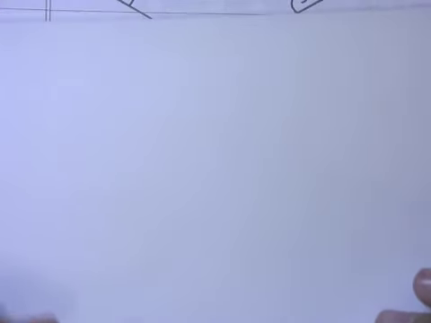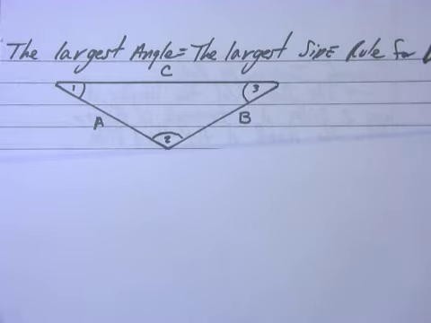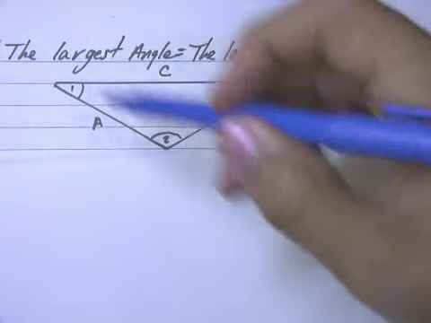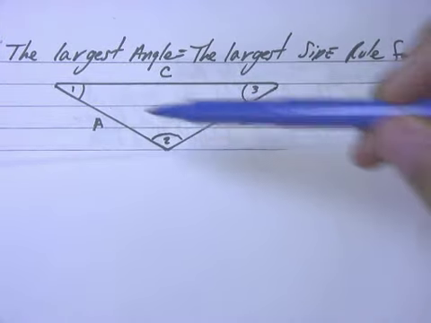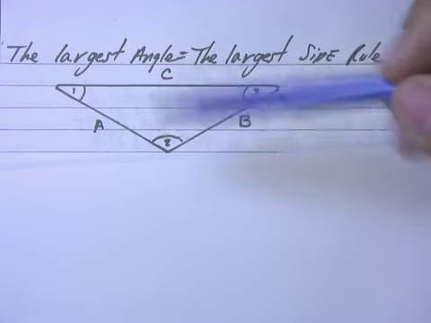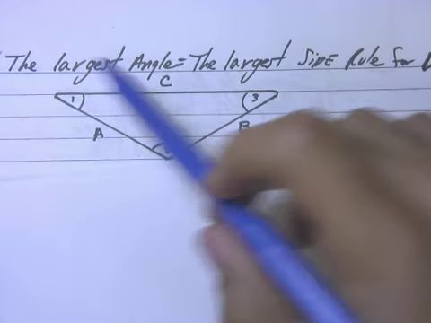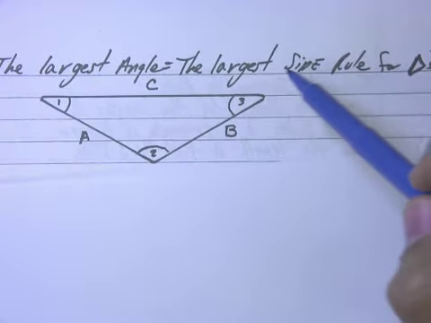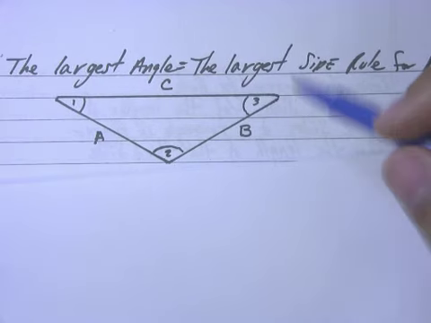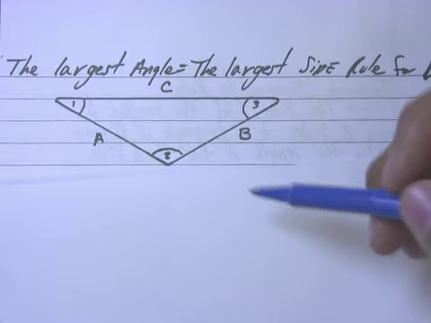So let's start with the largest angle equals the largest side rule for triangles. If you notice here, I have a triangle. I've labeled the angles 1, 2, and 3, and I've labeled the sides of the triangle A, B, and C. The largest angle equals the largest side rule simply states that the biggest angle is across from the biggest side.